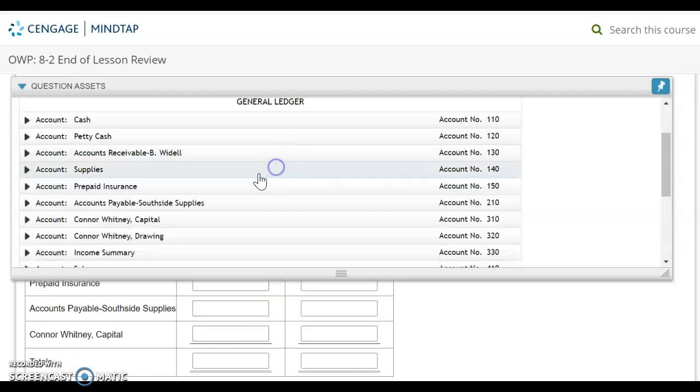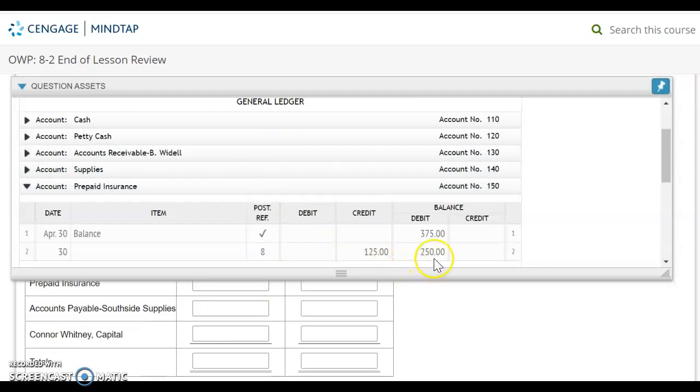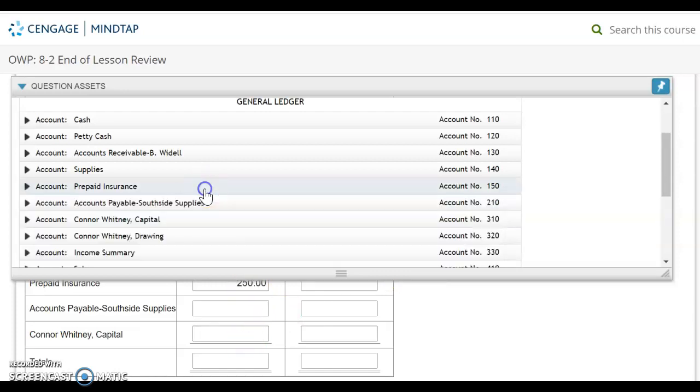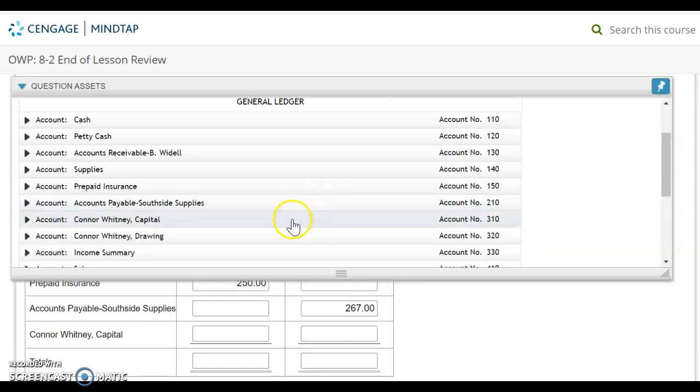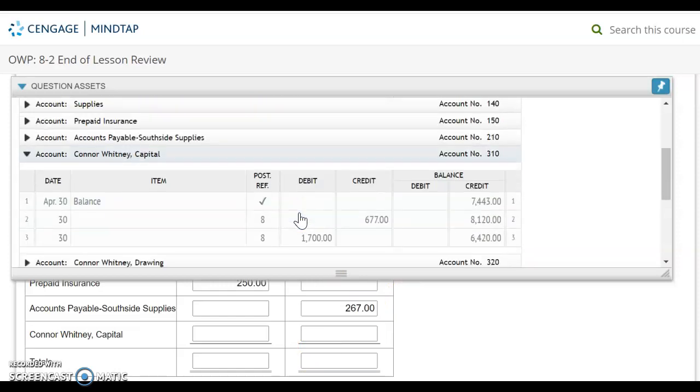Prepaid insurance has a debit balance of $250. Accounts payable, this is a liability, so it does have a credit balance of $267. Capital has a credit balance of $6,420.